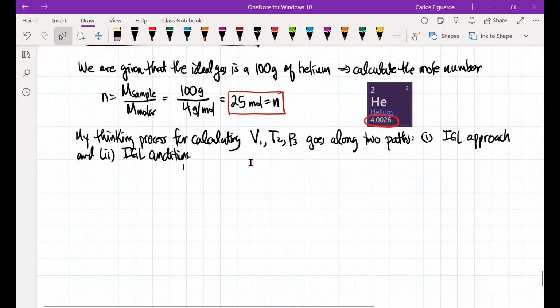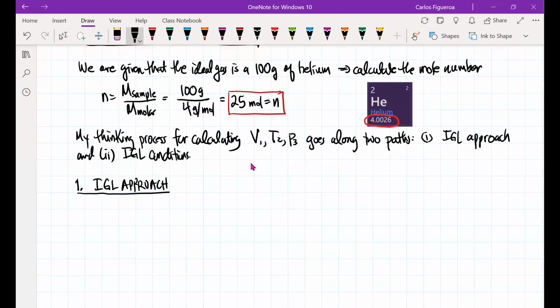So here's my first path. My first way of thinking is the ideal gas law approach. Here's what I know. For a fixed gas, the mole number is always a constant.